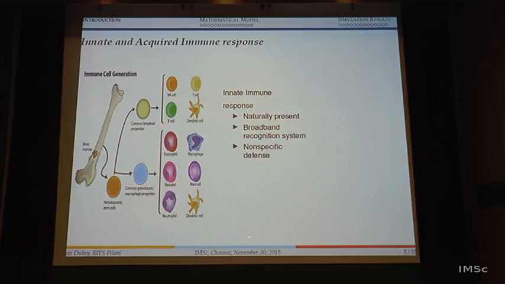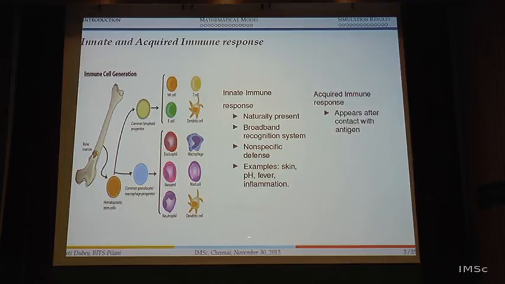It is not specific to any pathogen antigen. It will work for any kind of pathogen or any antigen. Skin, pH, fever, and inflammation are examples. Sir has talked in the morning about inflammation, when it occurs and then this innate immune response gets activated.